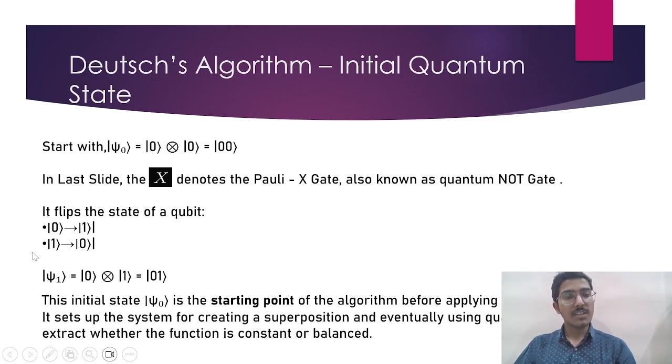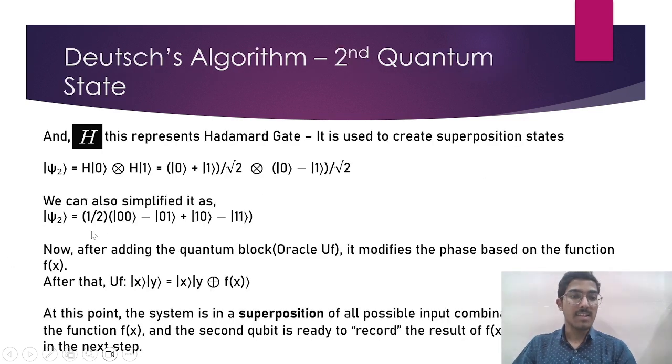After that, the first quantum state gives a 0 qubit XOR with 1 qubit, which results in 1 qubit. This initial quantum state is the starting point of the algorithm. Before applying any Hadamard gate, it sets up the system for creating a superposition and eventually using quantum interference to extract whether the function is constant or balanced.